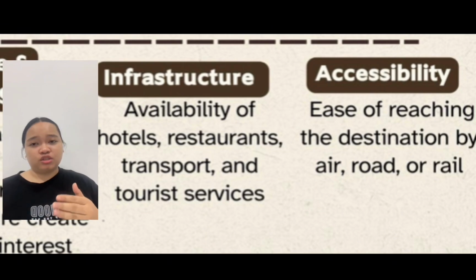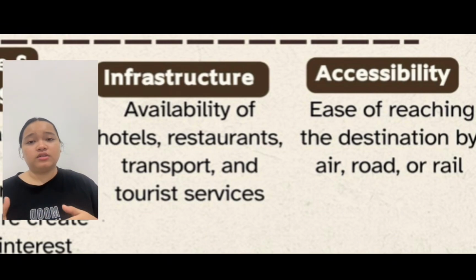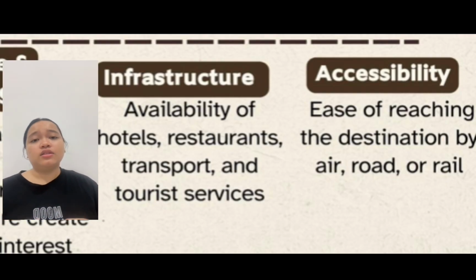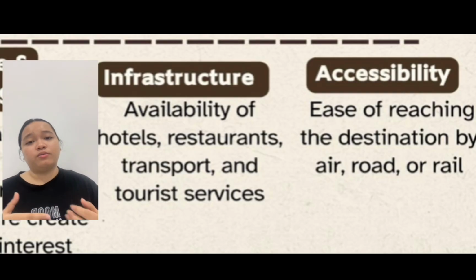Good infrastructure is another important factor that makes a tourist destination attractive. This includes accommodations, restaurants, transportation, and other services that make travel convenient and enjoyable.